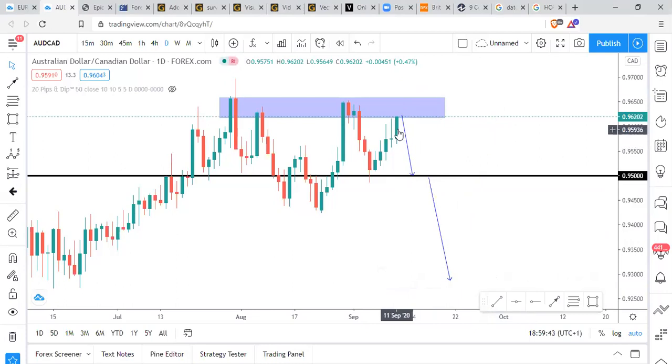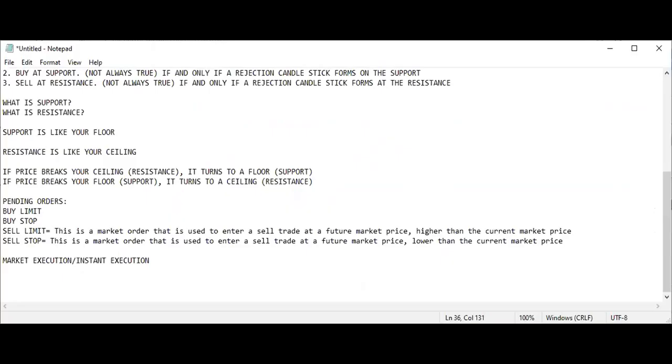But if it's at a price higher than the current price, you use sell limit. If you're at a price lower than the current price, you use what? Sell stop. So with that being said, I need you guys to show me in the chat. I need someone to tell me what buy stop and buy limit is.